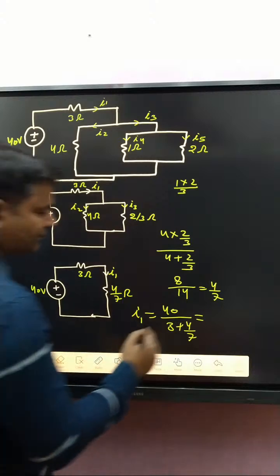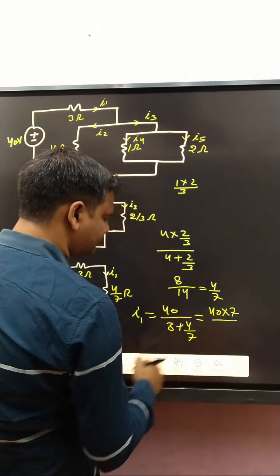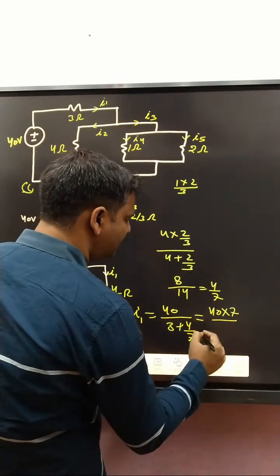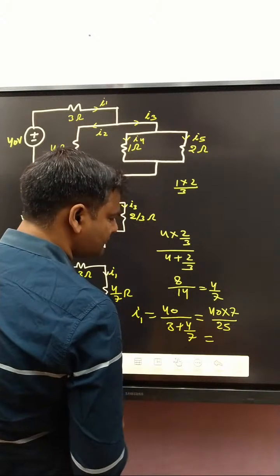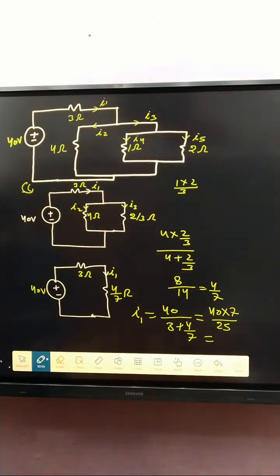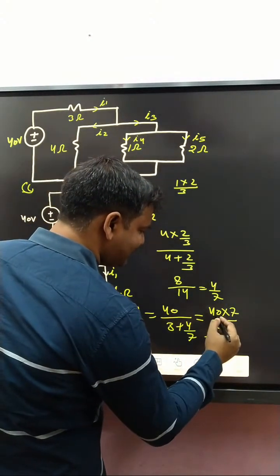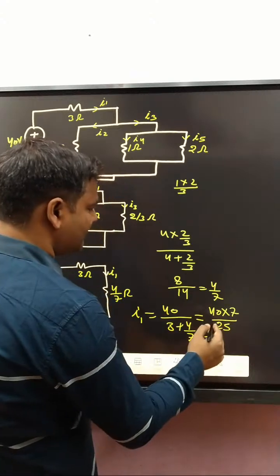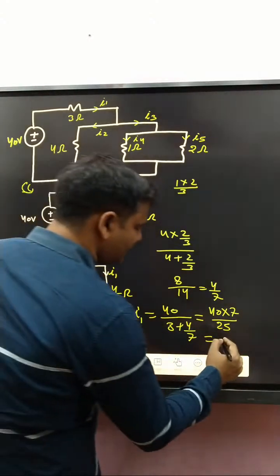After that we got 40 into 7 divided by 25. 40 by 25, that is 8 by 5, and 8 into 7, 56 divided by 5.